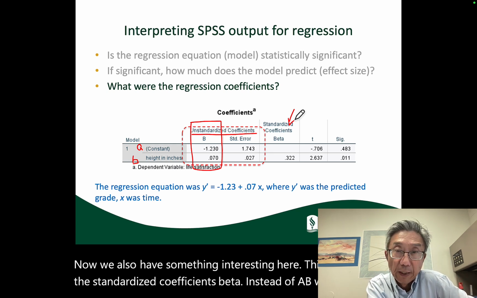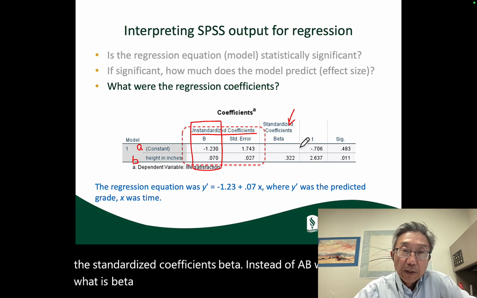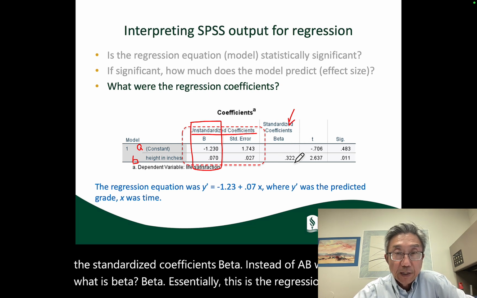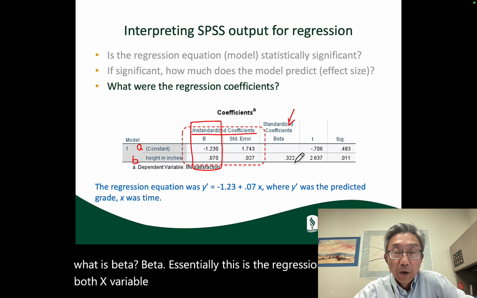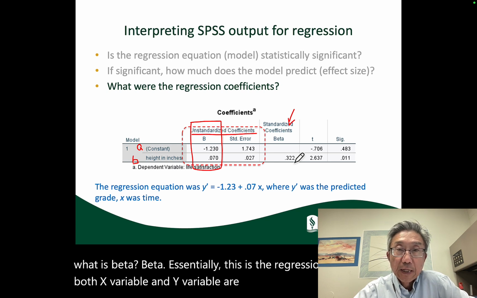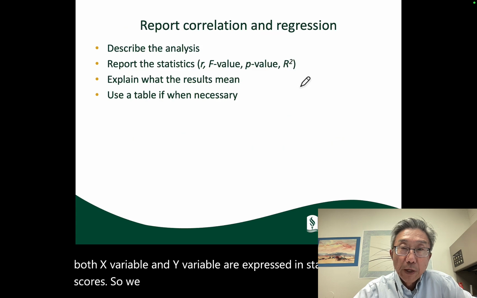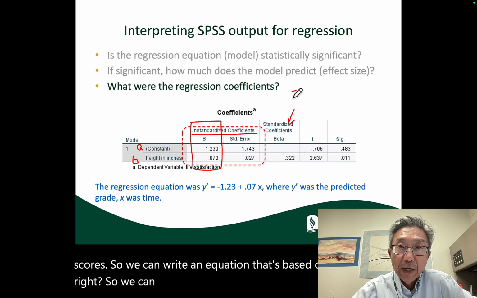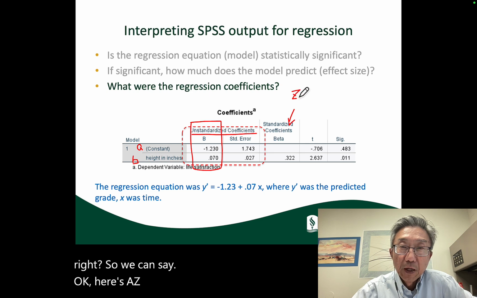So what is beta? Beta is essentially the regression coefficient if both the x variable and the y variable are expressed in standardized z-scores. So we can write an equation that's based on z-scores, right? We can say, okay, here's a z-score of y and its prediction.